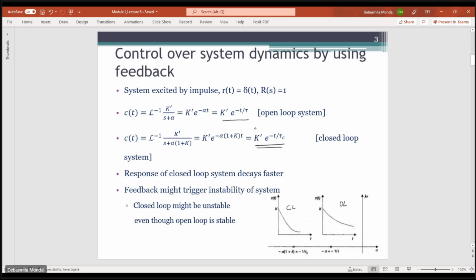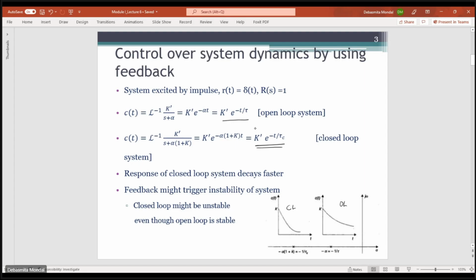So if you have an open loop system, then the value of C will be equal to f(E), and in an open loop system E is nothing but R. So the output C will be equal to R square. Once you have C equals R square, you can say that this is a non-linear equation, right?